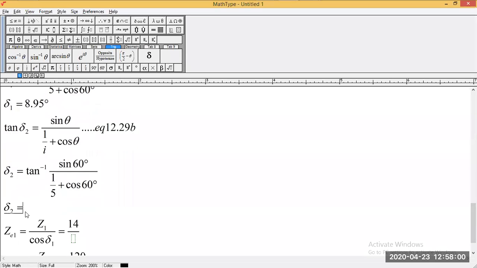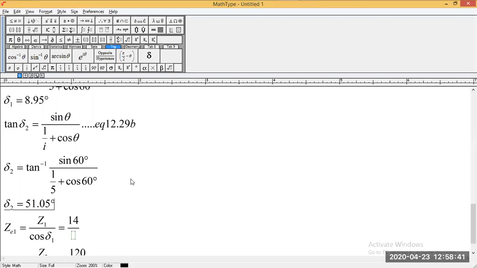Then delta 2 is sine 60 over 1 by 5 plus cos 60, and tan inverse of that. So I'm getting this around 51.05 degrees. Okay, so I have delta 1 and delta 2 now.